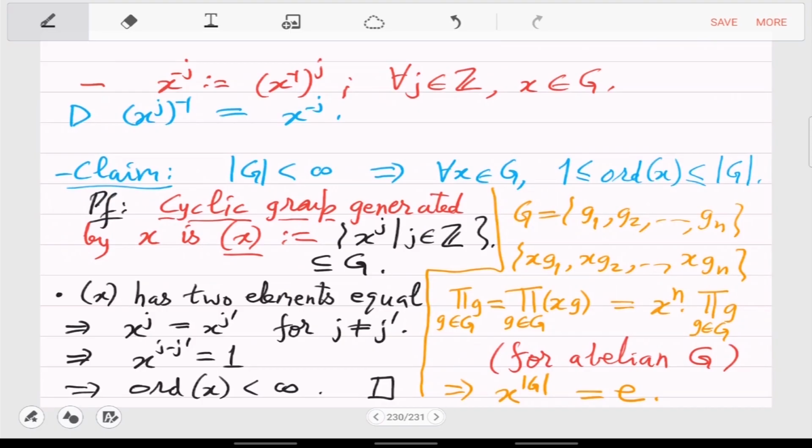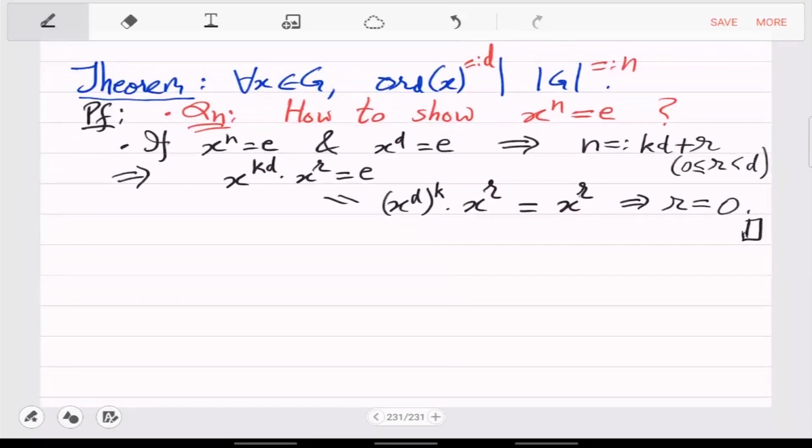So we'll define cosets and then we will come back and prove that x to the g is E. Right now we don't have the tools to finish this proof. Any questions?